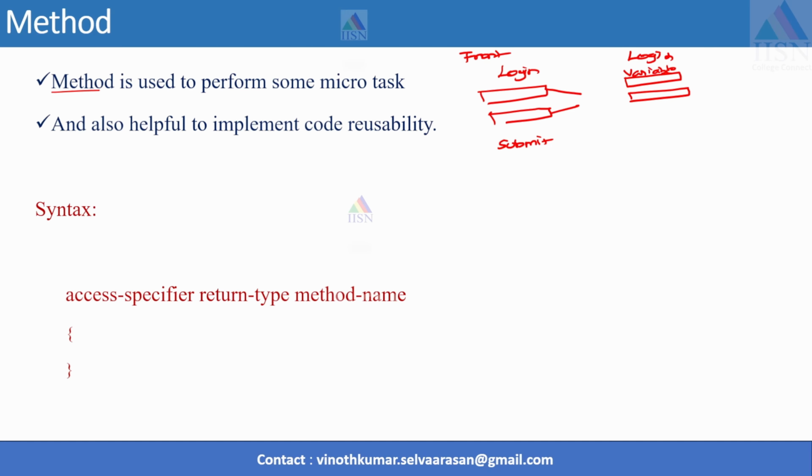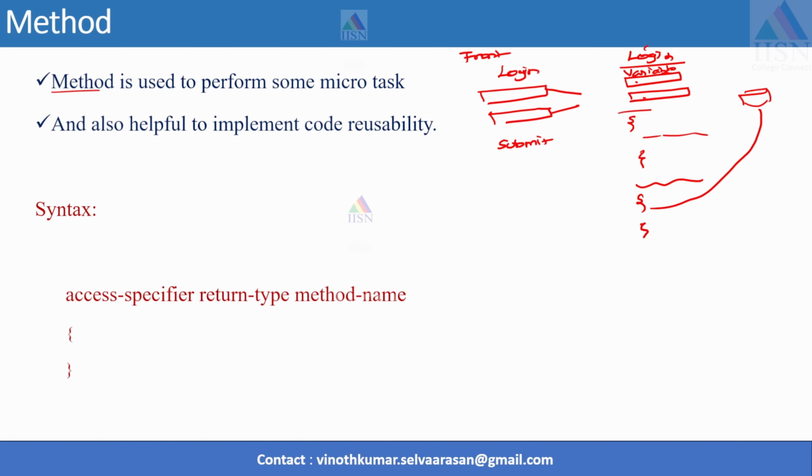So after that, we have a lot of tasks. We need to check whether the username and password given by the login user match the given criteria or not. Then we need to write some method to check whether the given values are present in the database or not. Okay, so here you see the login is one task. What is the main task? It needs to check whether the username and password are already present in the database.